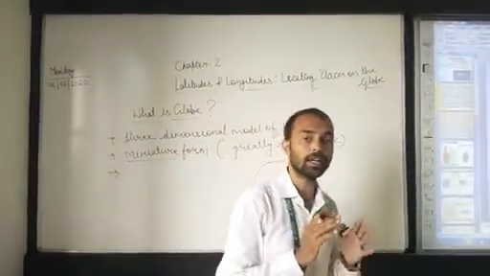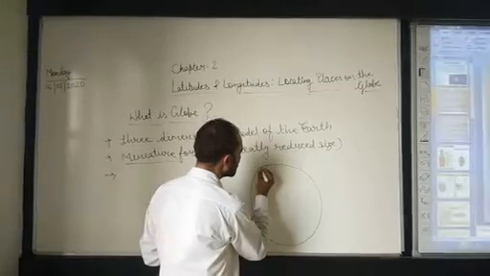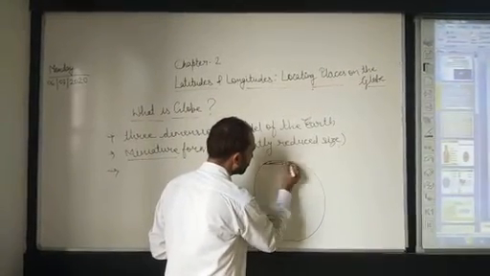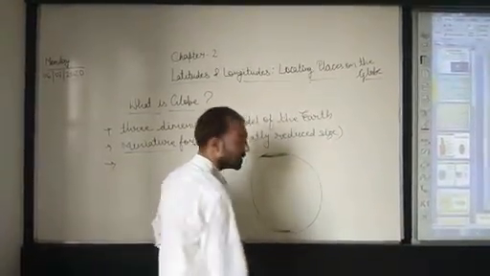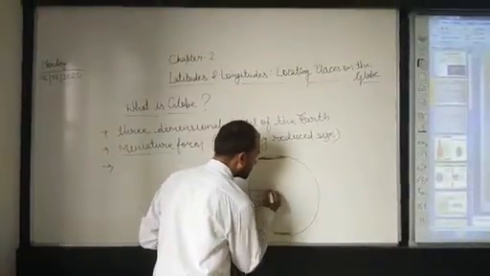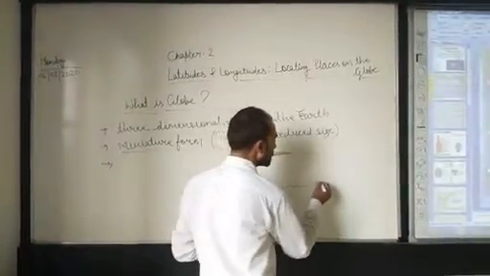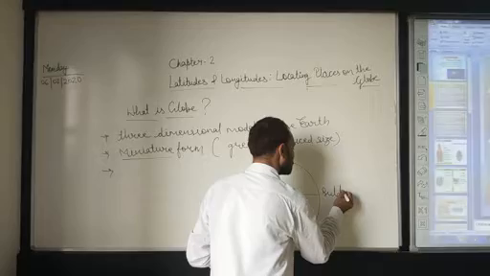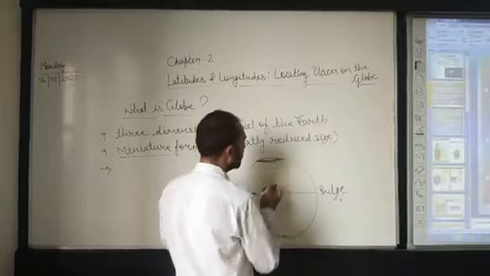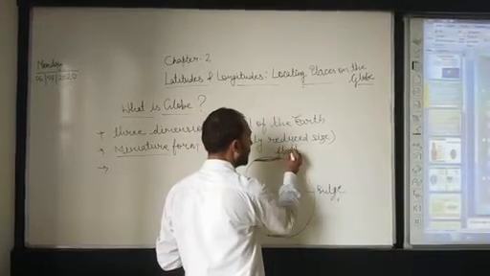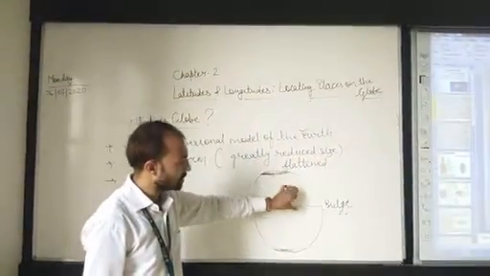Because if you see, this is flat at the poles, whereas it bulges in the middle. It is slightly flattened at the poles and bulges in the middle.